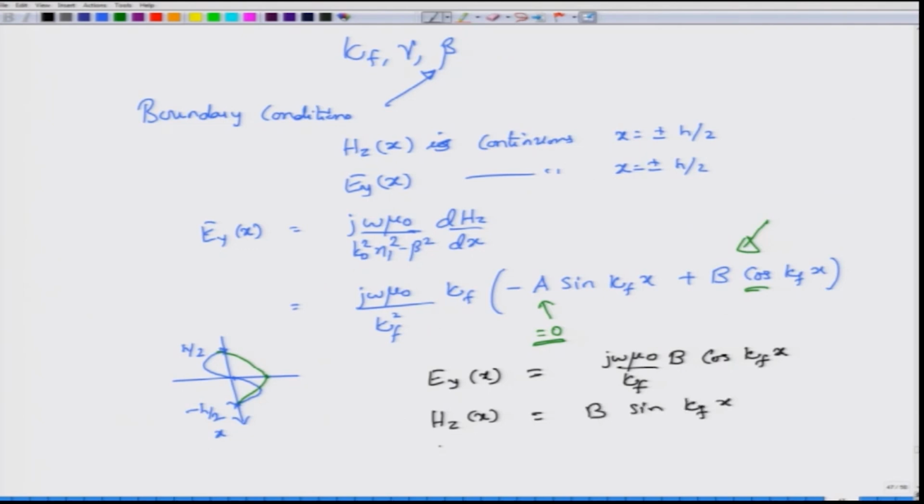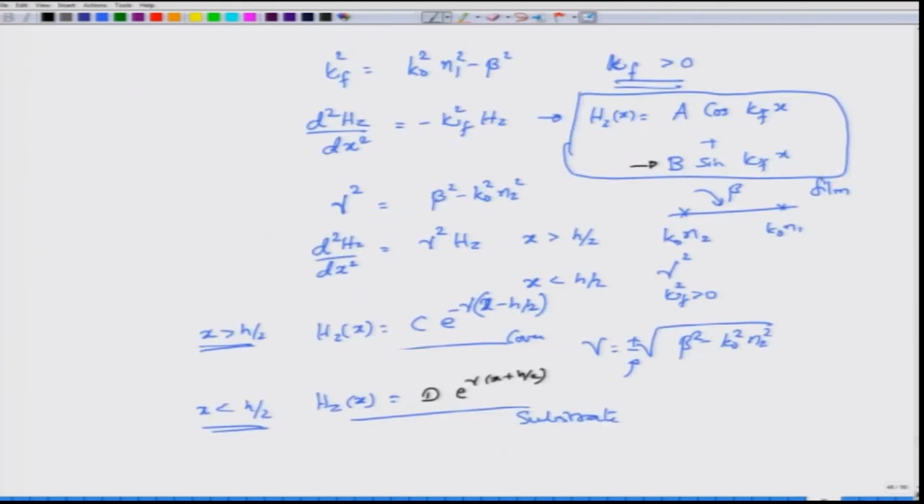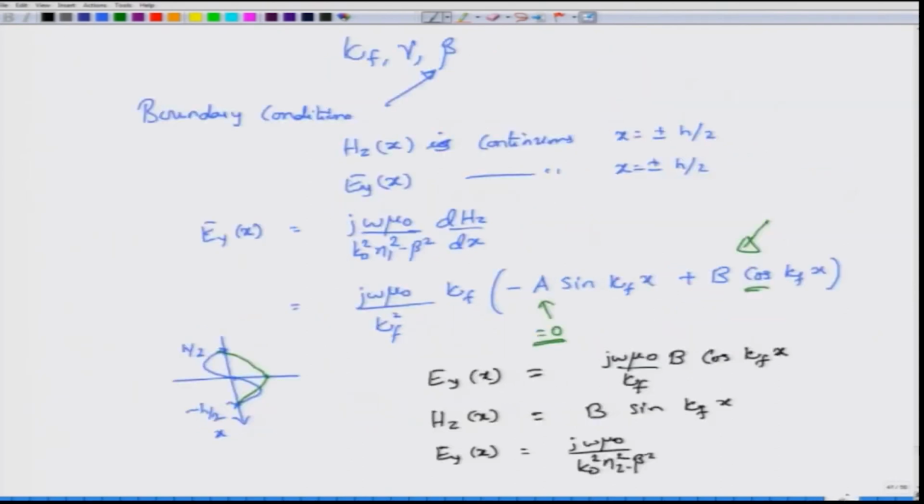What would happen in the cover region? In the cover region, Ey of x will be equal to j omega mu naught divided by k0 square n2 square minus beta square, times the derivative of Hz with respect to x. In the cover, we already know that Hz goes as some constant c times e to the power minus gamma, x minus h by 2.